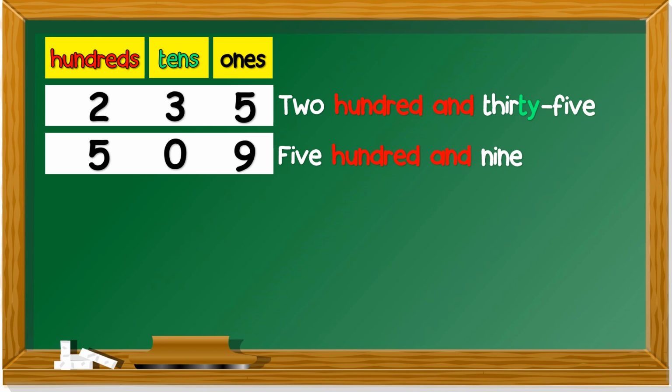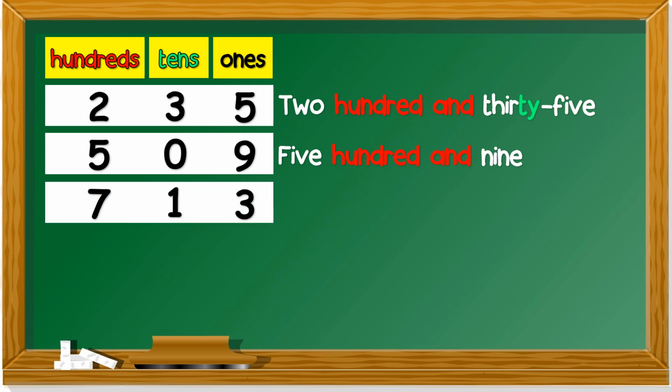Example number 3. 713. In hundreds, 7. So we write 700. Tens, 1. You don't say 1 ten. You see the 3.